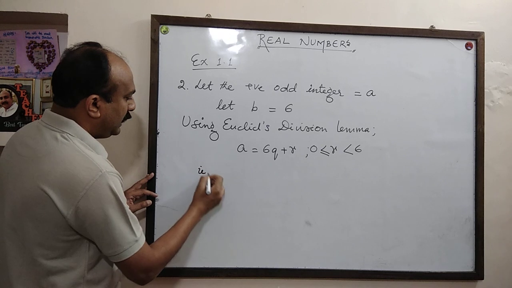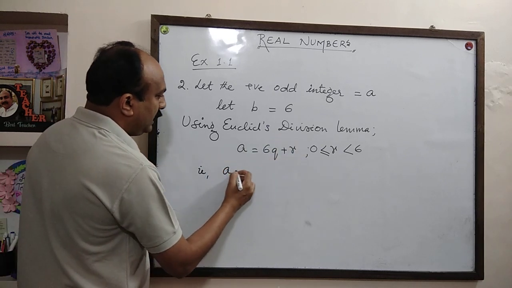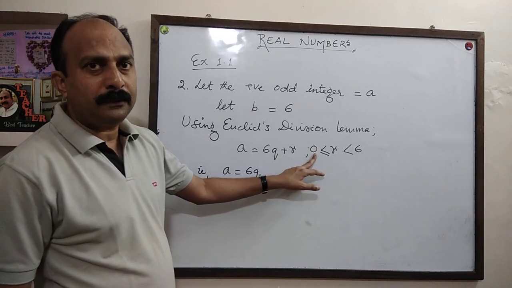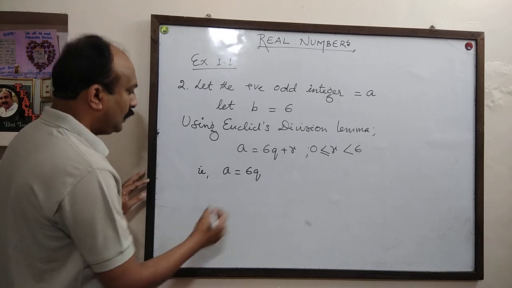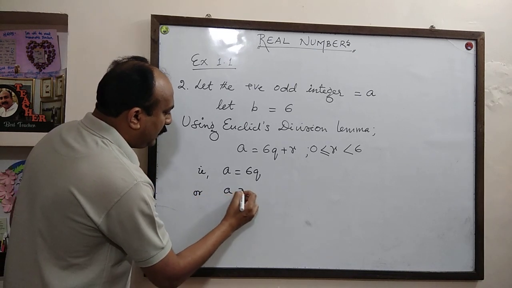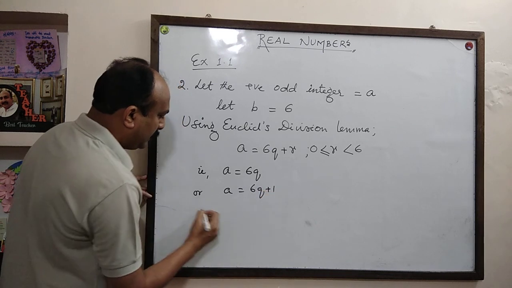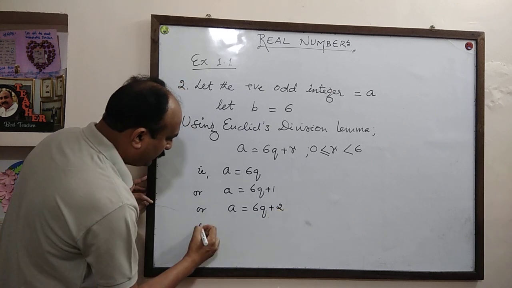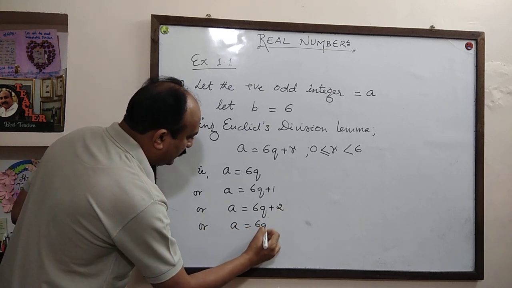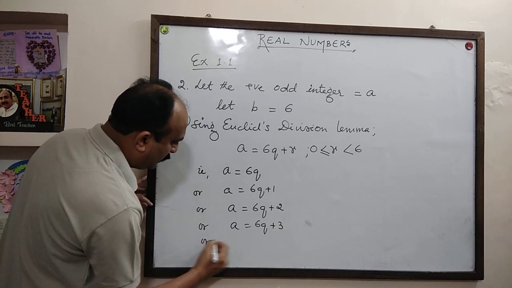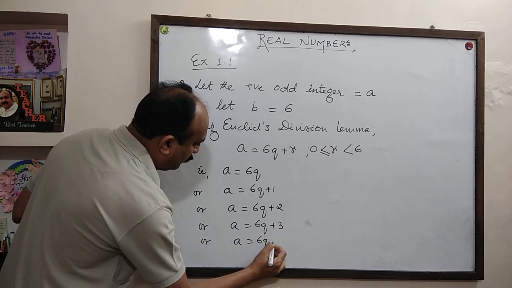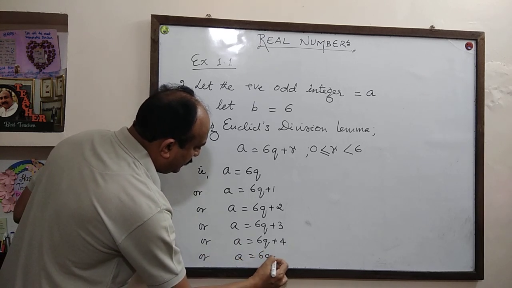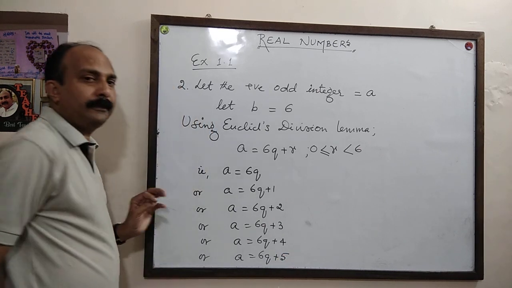That is, I can open it in the form of A is equal to 6q plus 0. The first remainder is 0, or A is equal to 6q, or A is equal to 6q plus 1, or A is equal to 6q plus 2, or A is equal to 6q plus 3, or A is equal to 6q plus 4, or A is equal to 6q plus 5.